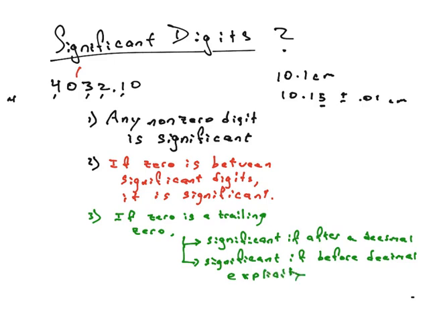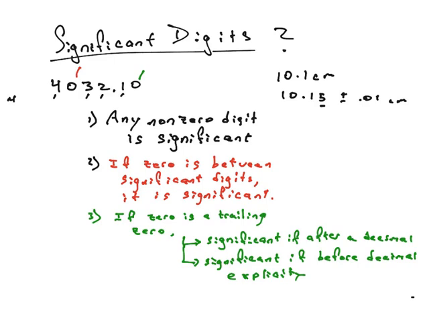I have to be very clear about what I mean by this. First, if you have a 0 as your trailing digit, so that it's the last digit of your number, and it comes after a decimal point, then it's significant. So this 0 right here is significant. It comes after the decimal point, and it's the last digit. This other piece says it's significant if it's before a decimal point explicitly.